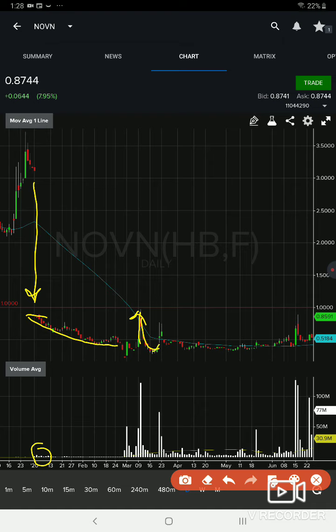Went back down, a little bit of a run there. Then it just traded sideways again, a long consolidation right up until June. Made another run for $1 and couldn't break it there. You can see why this $1 line is so important, why there is so much resistance there.